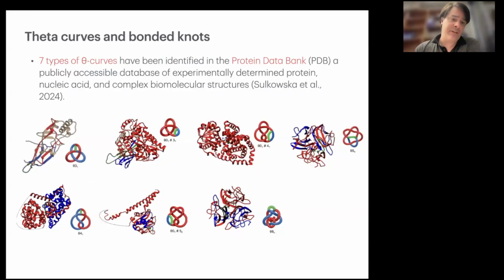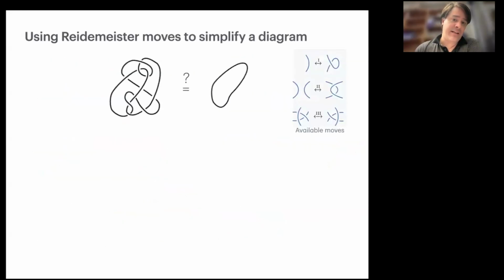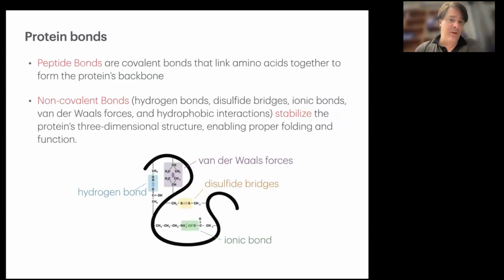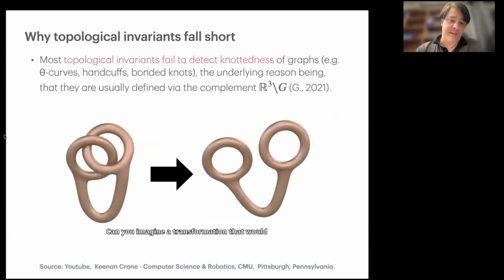Now the problem we are really facing is that if you try to generalize the bracket polynomial to something that is able to detect different structures like bonded knots or theta curves, most invariants pretty much fail.